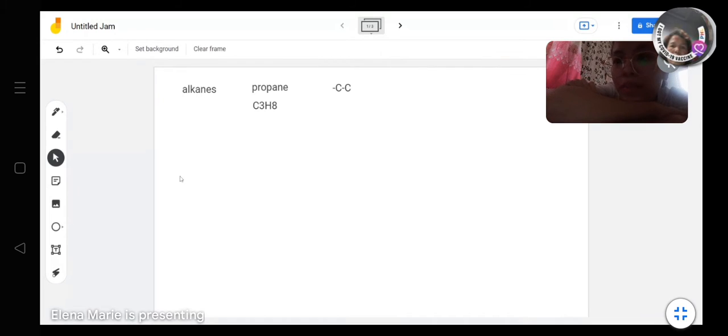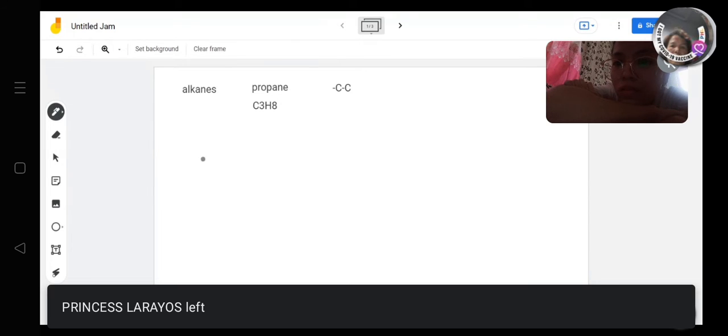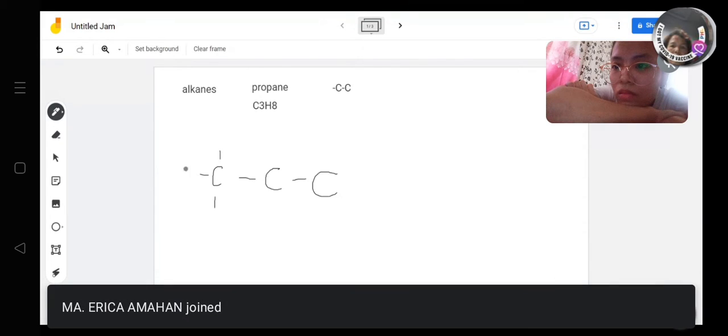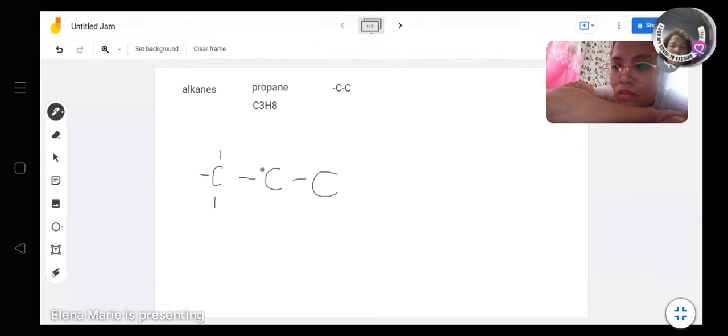Now for the alkanes, we can draw here 3 carbons. You know that carbon is tetravalent, so we can have 4 bonds around a carbon. And since this is a hydrocarbon, you only have hydrogens around. That completes the tetravalent nature of your carbon.